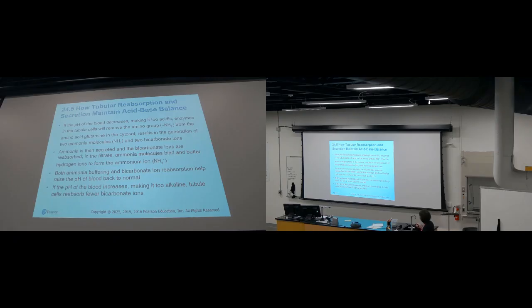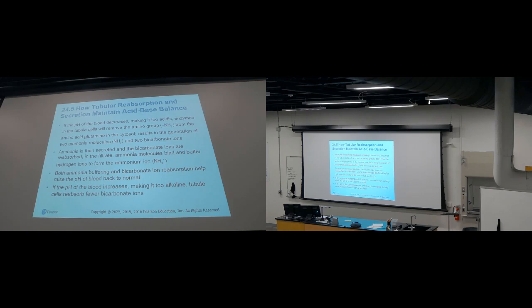Now, how do tubular reabsorption and secretion maintain acid-base balance? If your blood pH decreases, so if you have acidosis, you have an excess of hydrogen ions, you will have enzymes in your tubular cells that remove amino groups from proteins.